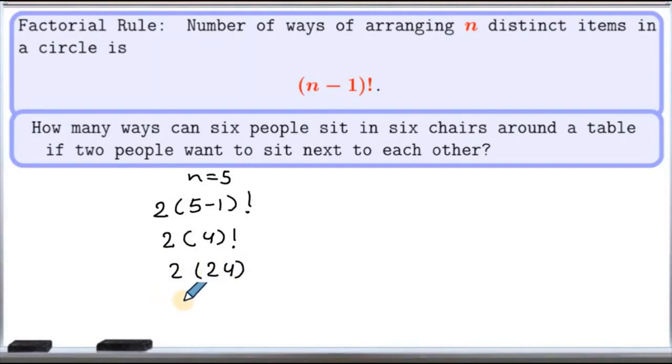So now we need to find 24 times 2, so that is 48. In this case, 6 people can sit in 6 chairs around a table in 48 ways if 2 people want to sit next to each other.